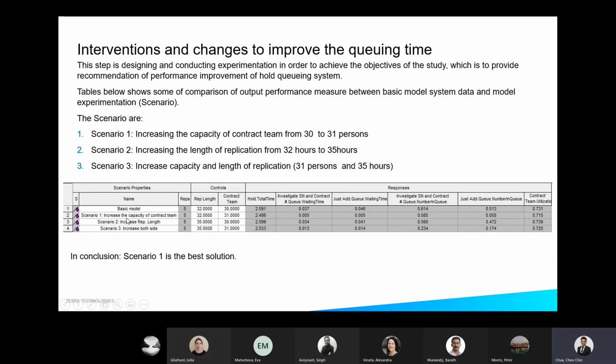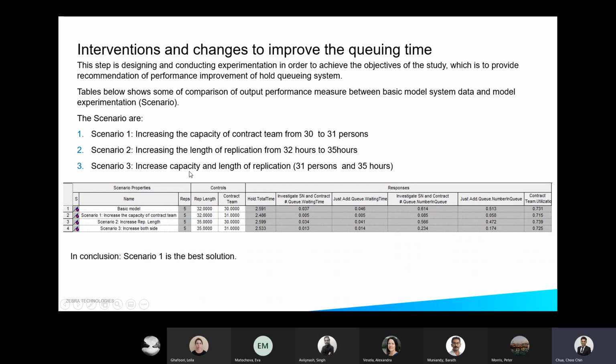But if we compare the first scenario and the second scenario, the higher impact is from the first one, increasing the capacity of the contract team. The third scenario is we increase both.